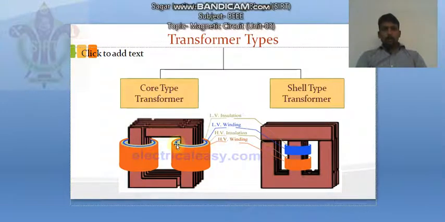In this core type transformer we have wound first LV winding and then over it we have wound HV winding. Okay. Now in shell type we normally wind the winding at the center limb of the core. These legs of the core are also called limbs.